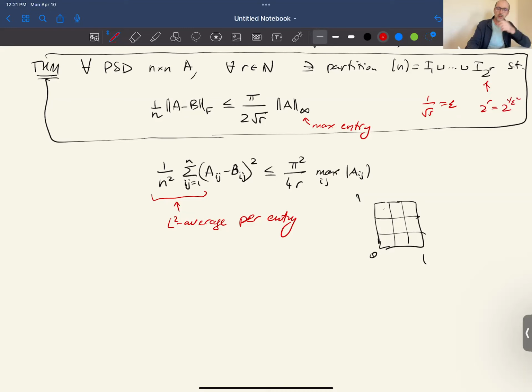Yeah. So that's the number of parts. It's the same as in the Frieze and Kannan result. And we can, in fact, show that it is optimal. We cannot improve it beyond 2 to the 1 over epsilon squared. Good question.